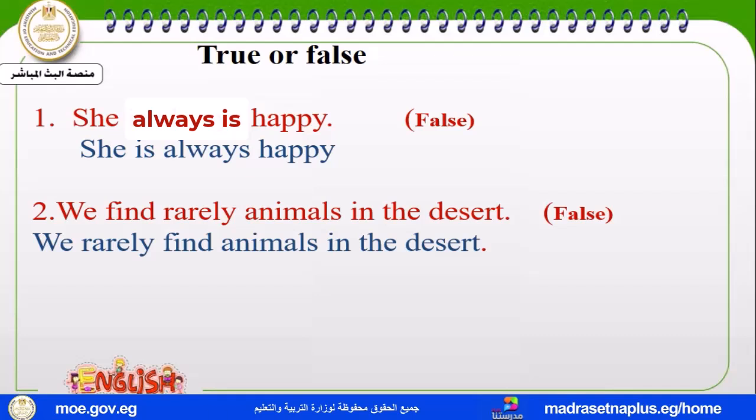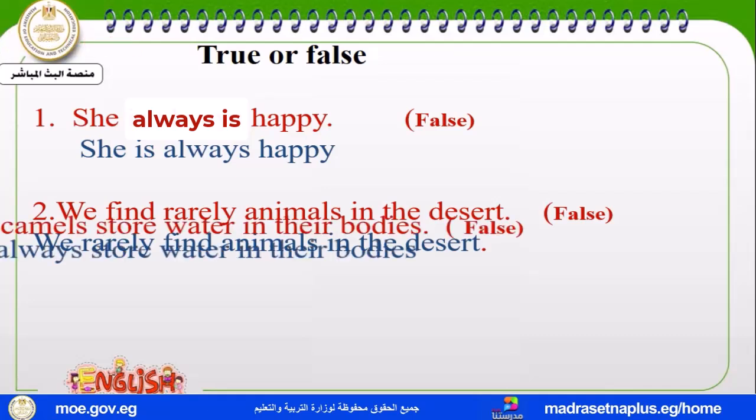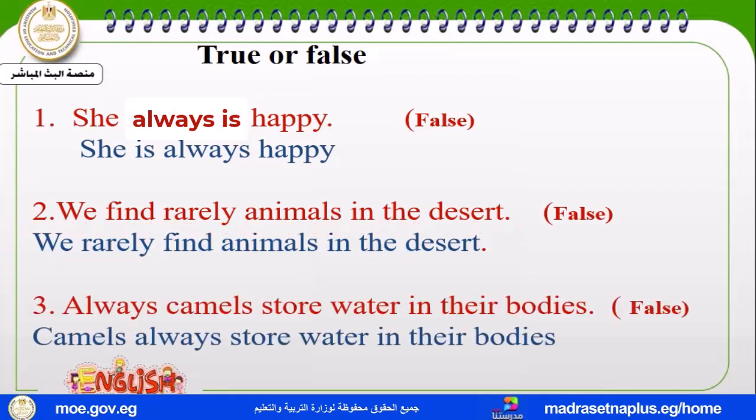This is not correct because rarely came before the verb. So the correct answer is we rarely find animals in the desert. Number 3, always camels is incorrect, but camels always store water in their humps. These are the correct sentences.